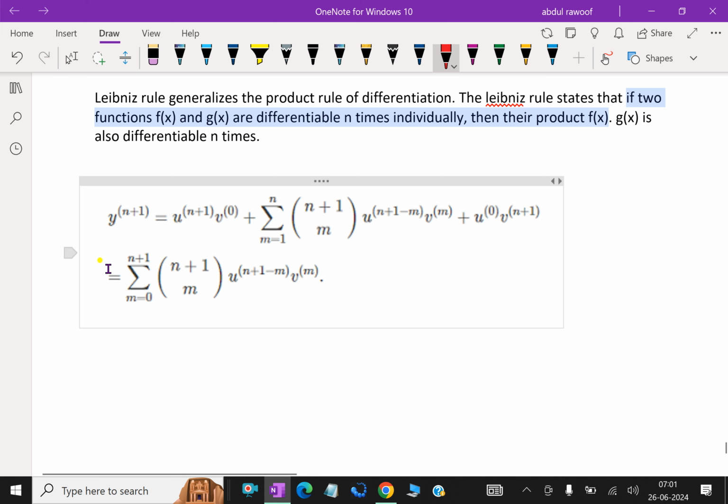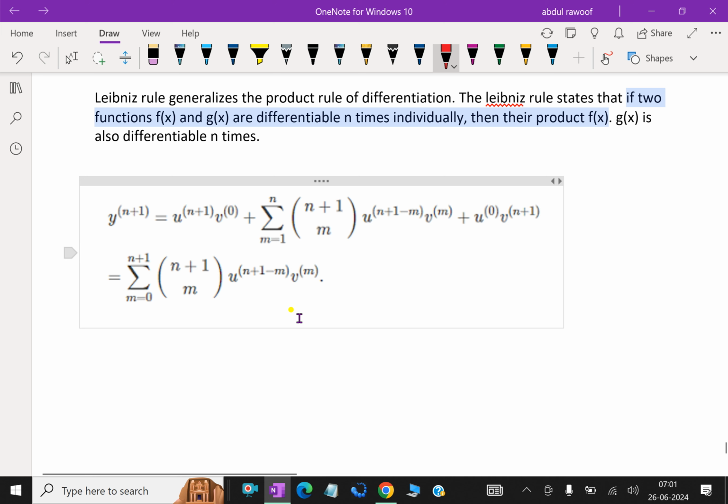And generally you can say, remember this: sigma m equals 0 to n plus 1, n plus 1 C m, u power n plus 1 minus m into v power m.